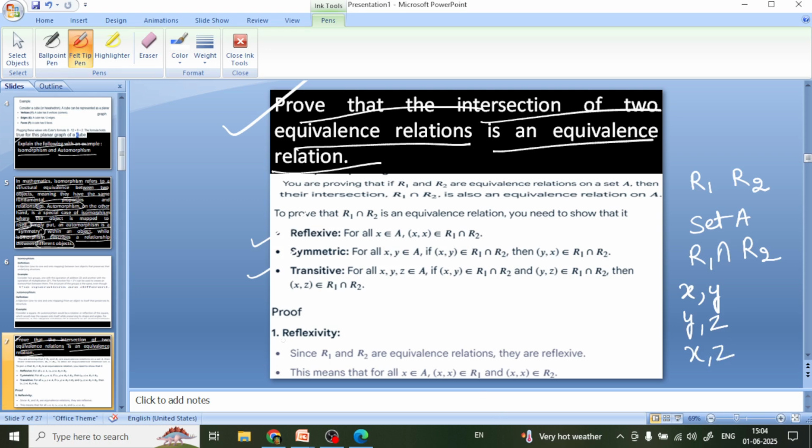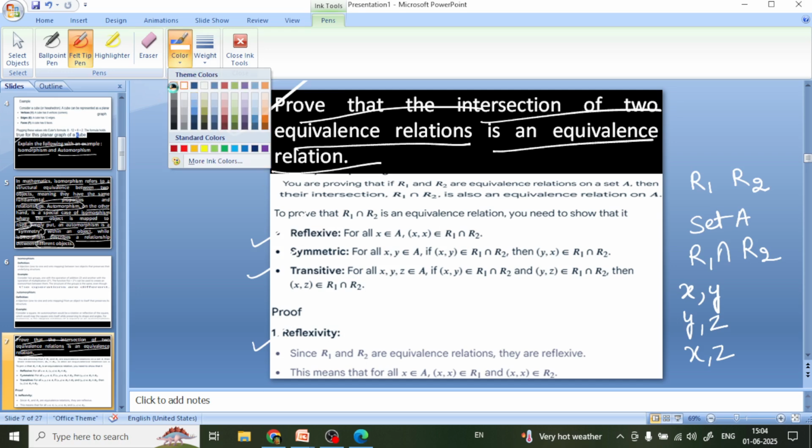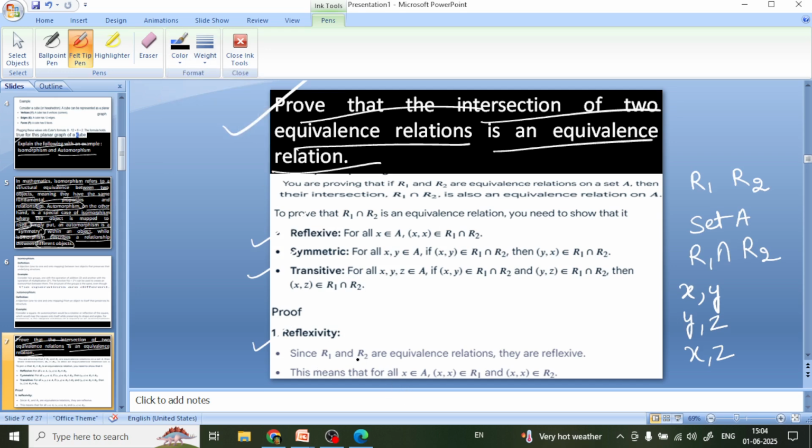How to prove this? First is reflexivity. You can prove this because R1 and R2 are equivalence relations, so they are reflexive. For every x belonging to A, (x, x) belongs to R1 and (x, x) belongs to R2.